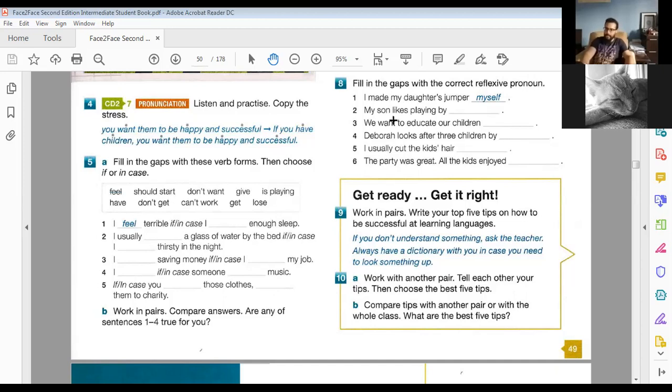Exactly, because it's all about the subject, the son, so himself. And in example number 1, when we said I made, since it's I, we say myself. Here we have we as the subject, so ourselves. That's it. Yes. Ourselves because it's plural. We is plural.